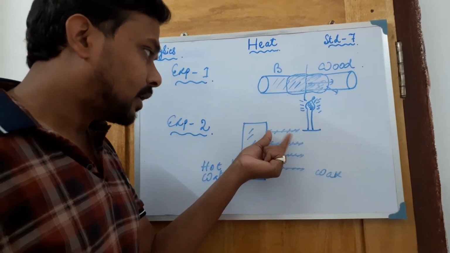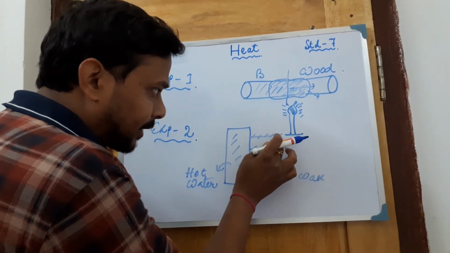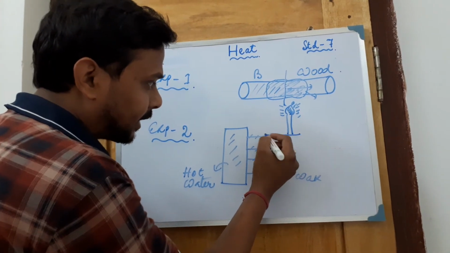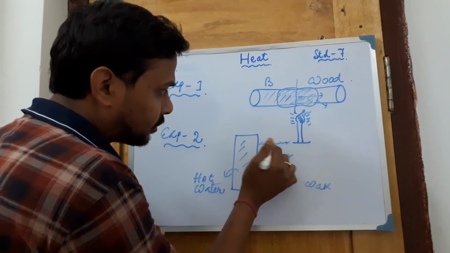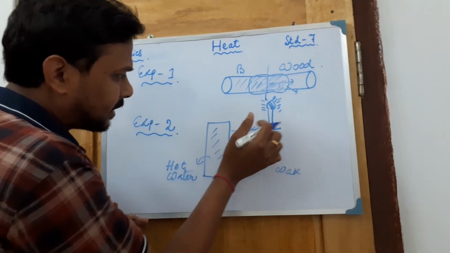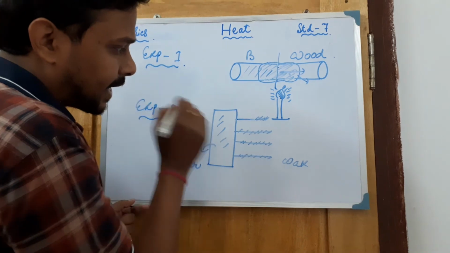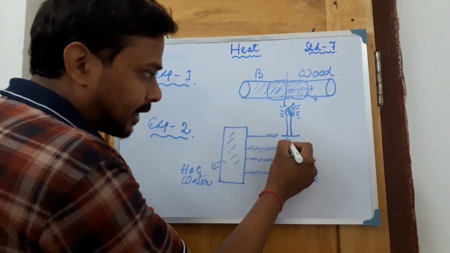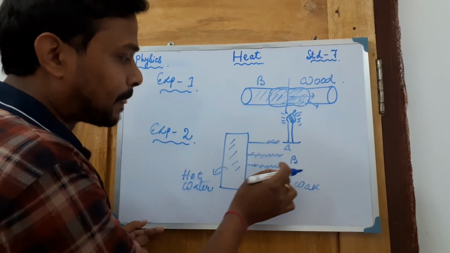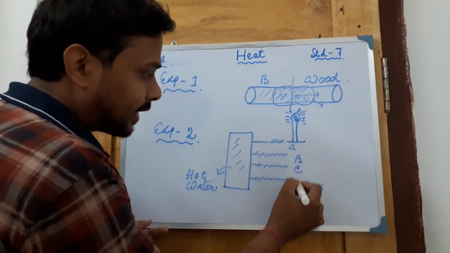Some of the materials will show you that within this region the wax is melted. In another material, maybe in material B, you can see a greater length of wax melted, in C different, in D different.